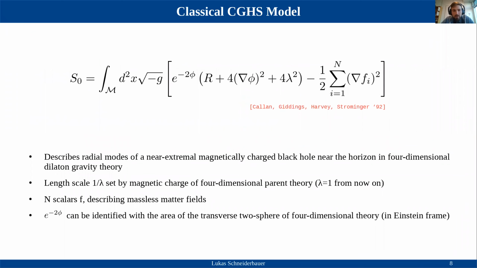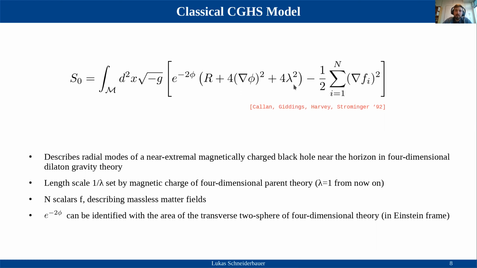So the model we are going to use originates from a 4-dimensional gravity dilaton model by spherical reduction to 2 dimensions. Here, g is, as usual, the determinant of the metric, phi is the dilaton, and R is the Ricci scalar. Here we have a kinetic term for the dilaton and the potential.